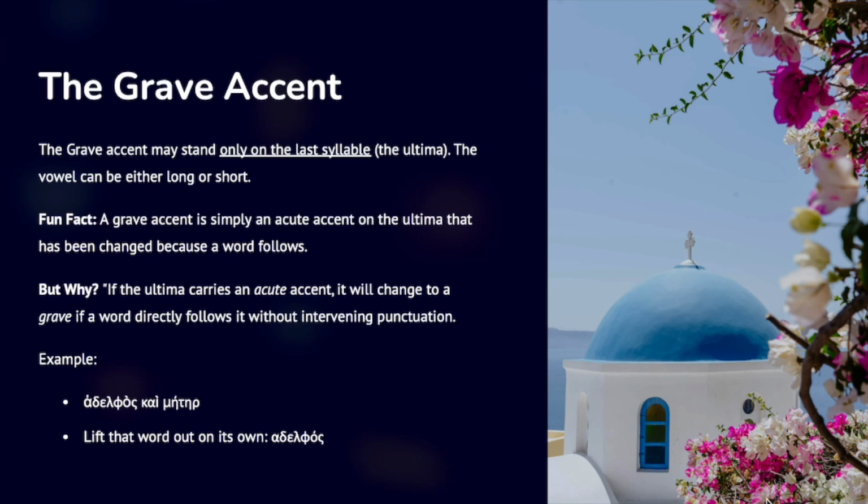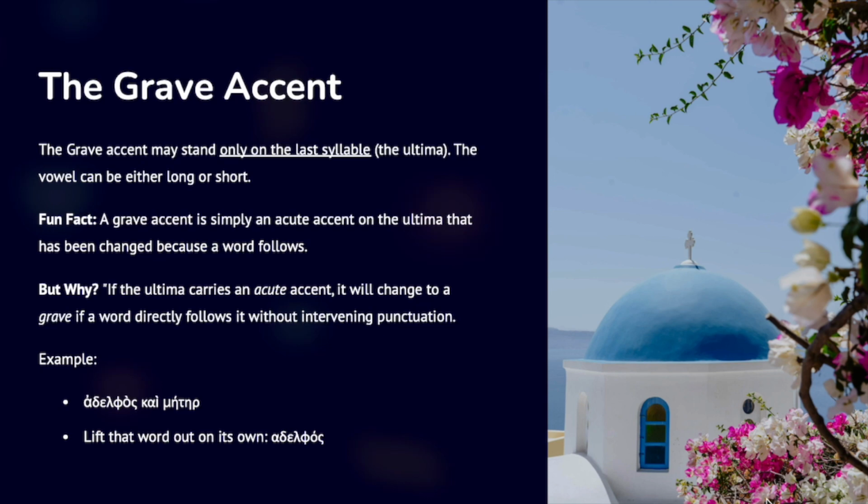Now, when you look at the word for brother, it is adelphos, and it prefers, as I said, to be accentuated on the last syllable. In the dictionary, you'll see it with an acute over that last syllable. However, when you put it in a phrase or sentence like adelphos kai meter, which means brother and mother, it no longer wants an acute at the end of the word.